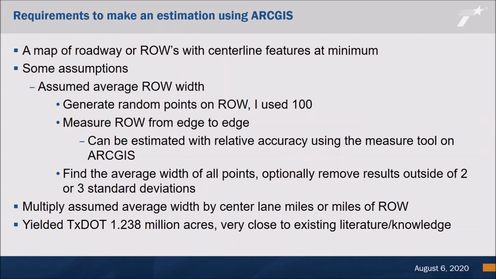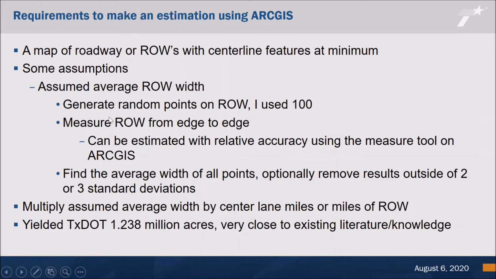So we had our on-system map of roadways, and then we just had to make an assumption on the average right-of-way width. How I did this was by generating random points on the right-of-way across the state. I only used 100. If you wanted a larger sample size, you could go 1,000, but using this method, you will be measuring it by hand, so that might be pretty extensive work. But I do think for the estimation purposes of this, 100 was good enough.